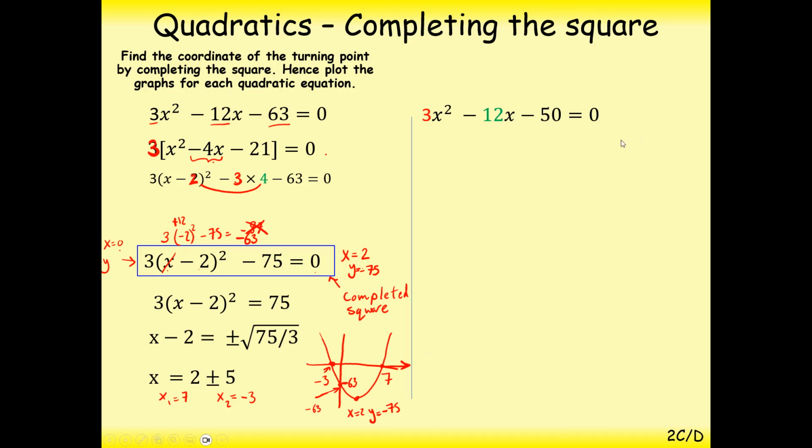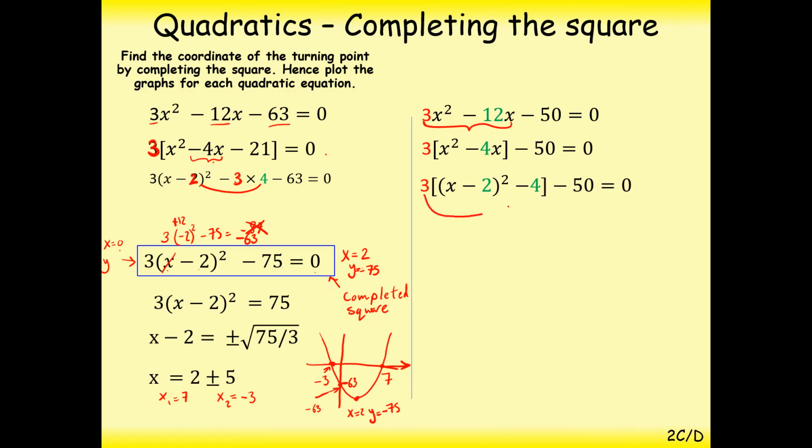Alright, so in the next question, the 50 wouldn't have divided by 3 anyway. We only factorize the 3 out of these two terms here, and we leave 50 as it is. So then we divide minus 4 by 2 and we write it like so, not forgetting that this 3 needs to be multiplied by minus 4.